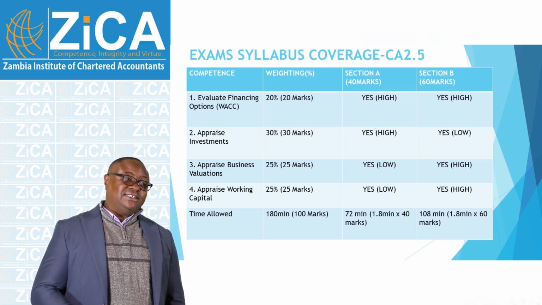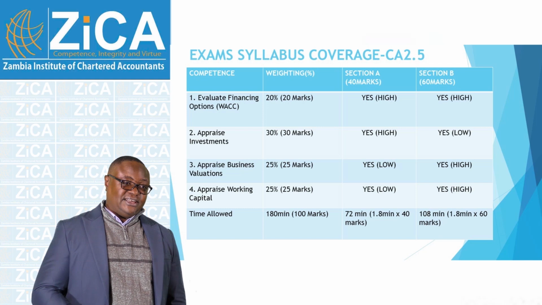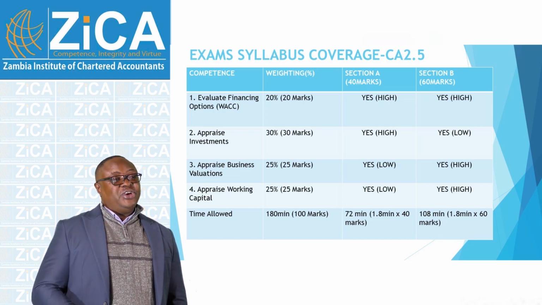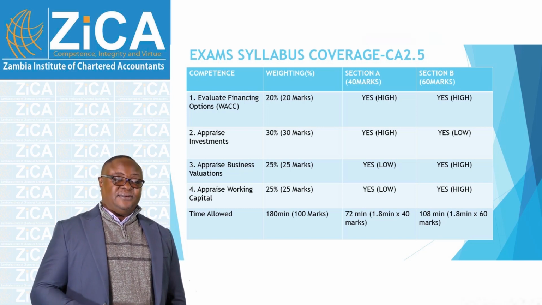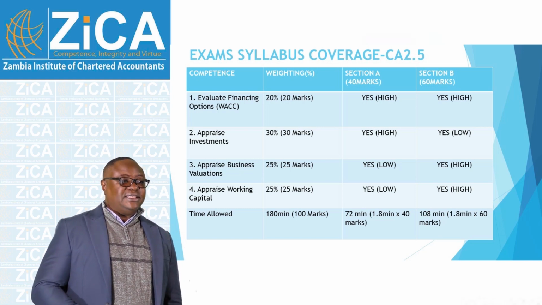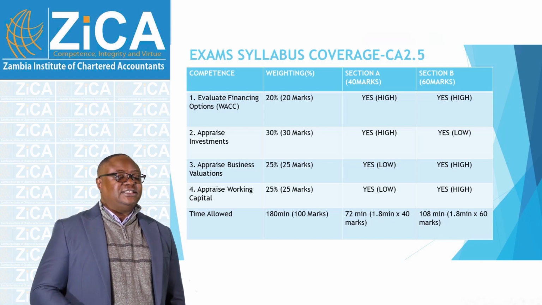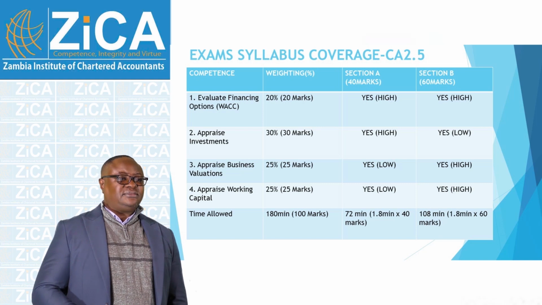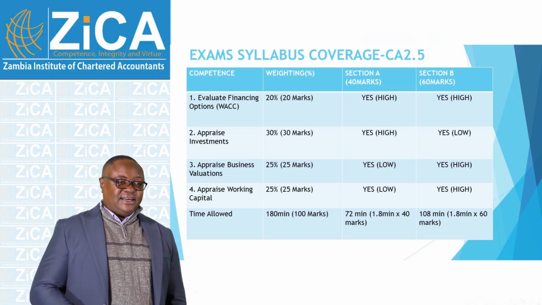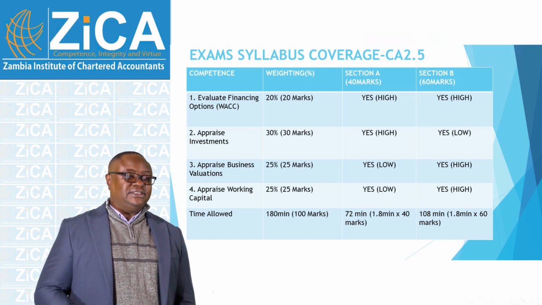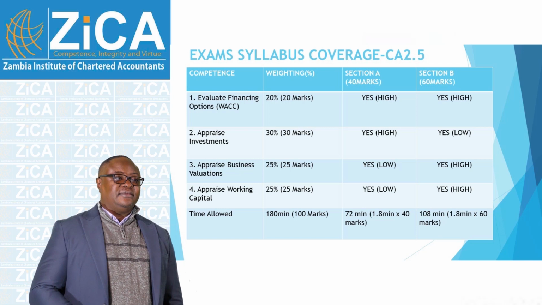So as you are studying, ensure that you are comfortable with this area, and when you are comfortable, you can sit for financial management CA 2.5. The next competence is appraise business valuation. This is 25%, and it only accounts for 25 marks. The chances of it coming under section A are quite low, but you will find this question in section B.